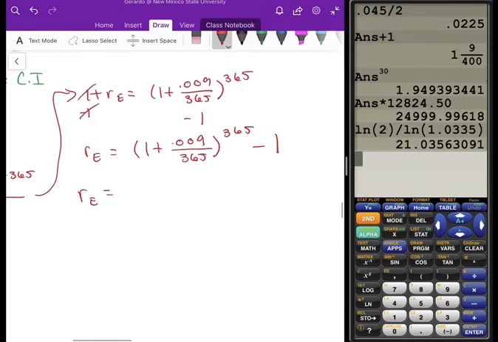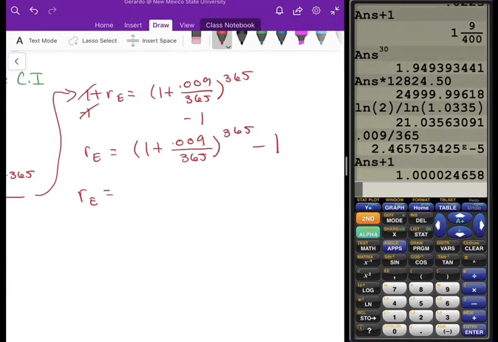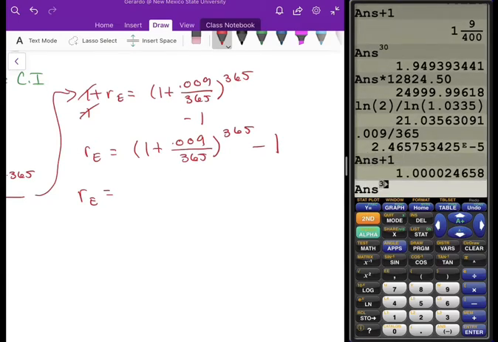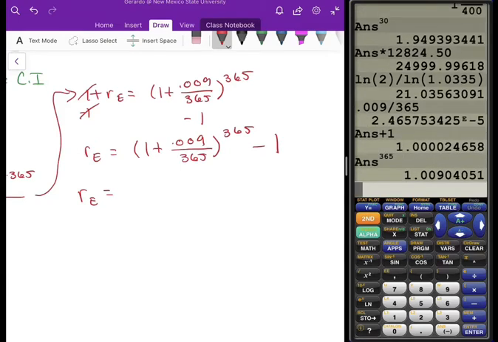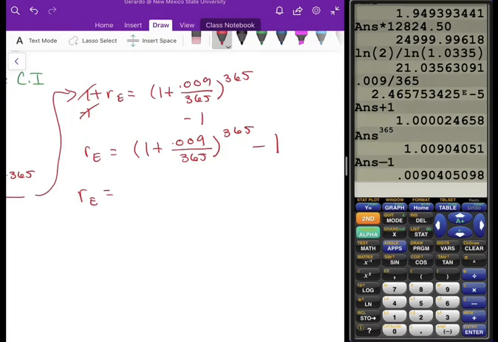RE is equal to 0.009 divided by 365 plus 1, to the power of 365, minus 1. So RE is 0.00904.